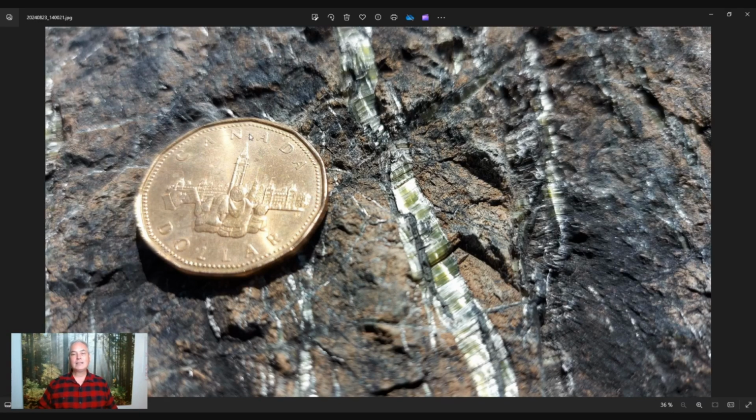So here beside the coin, you could see a fracture, and in the fracture you have a mineral. As you can see, there are lines going through, striations. So what is interesting about chrysotile? Chrysotile is a fibrous mineral, you could say it creates little needles.